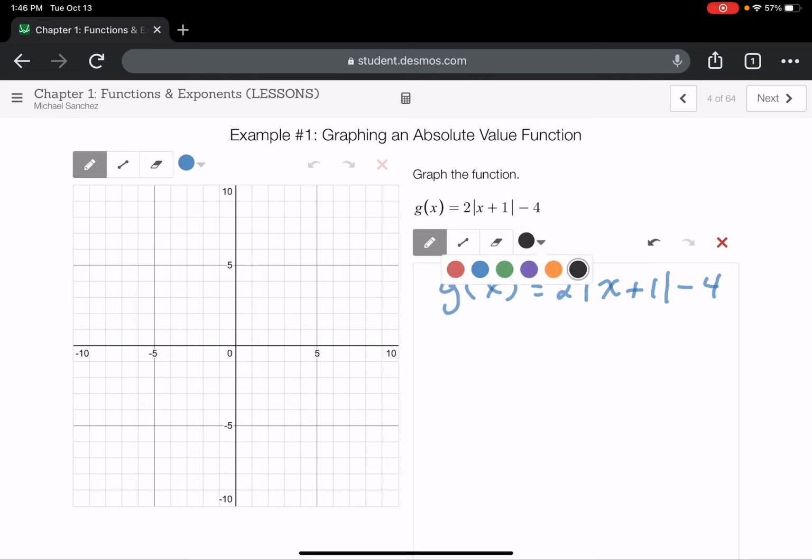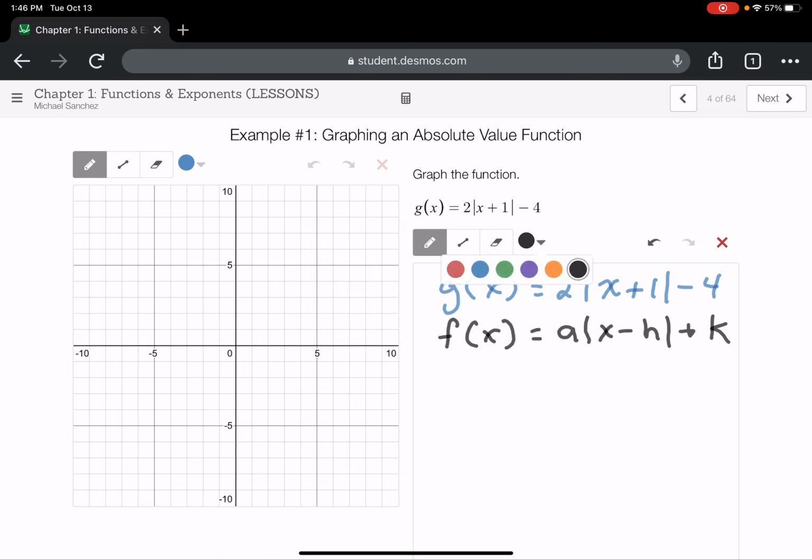So our vertex form is the function without numbers, just using variables, x minus h plus k. So this is our vertex form in black. This is our function that we're graphing in blue.